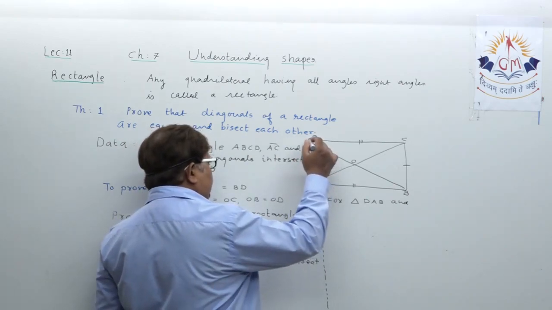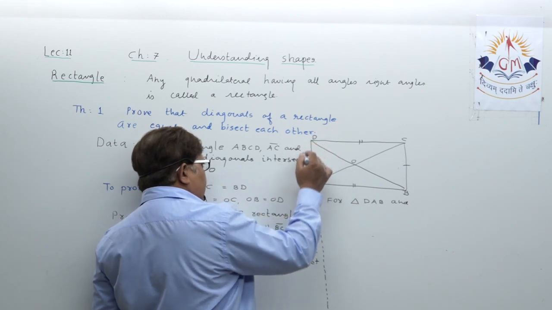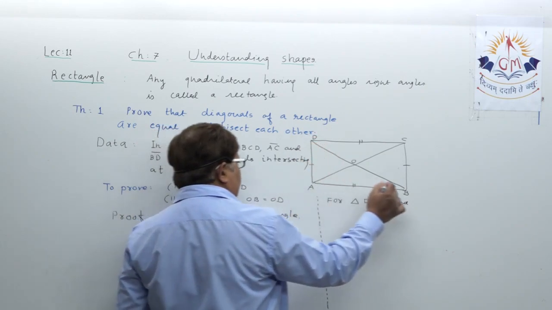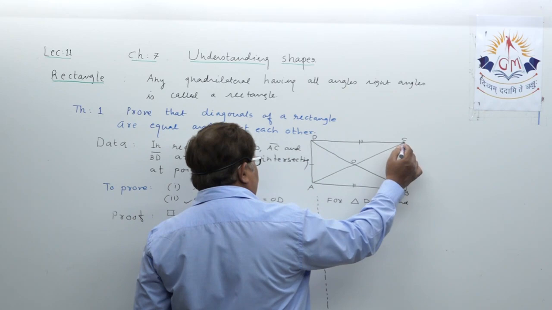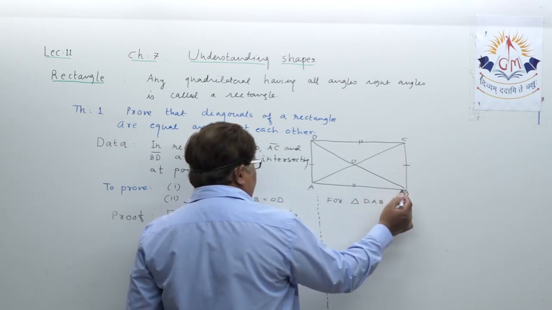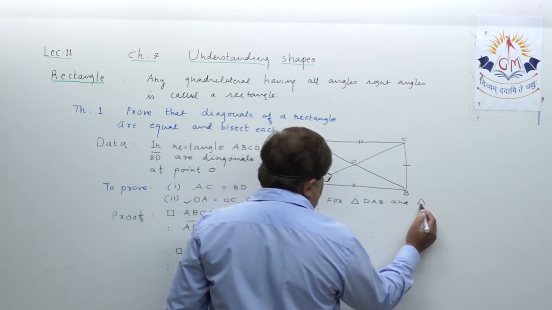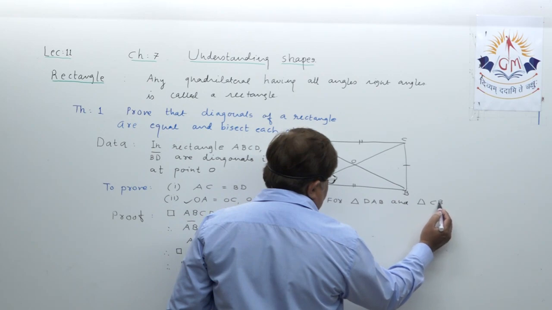Which triangle did I mention? Triangle DAB, and from here triangle CBA.